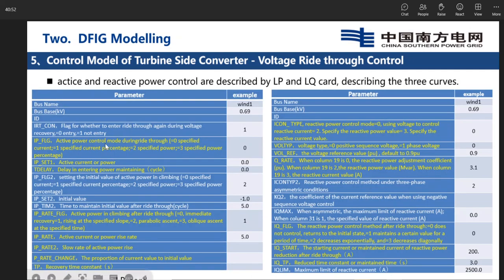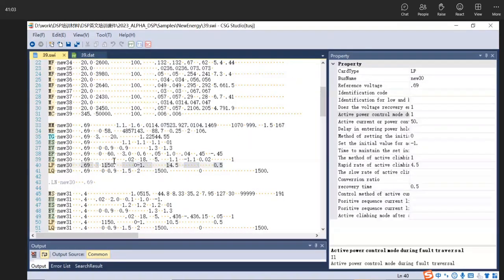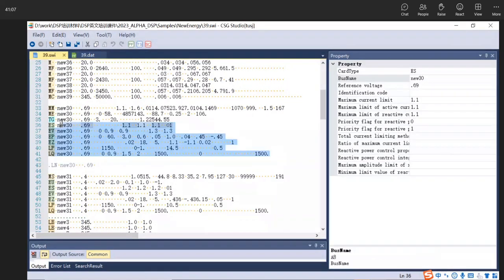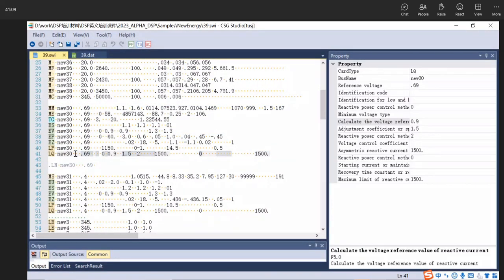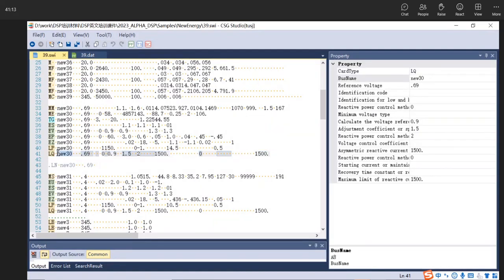For the active power control, you can see there are so many parameters. Let's see the sample. In this sample, the LQ card, the new 30 is a DFIG, and the LQ card is the reactive power control system.